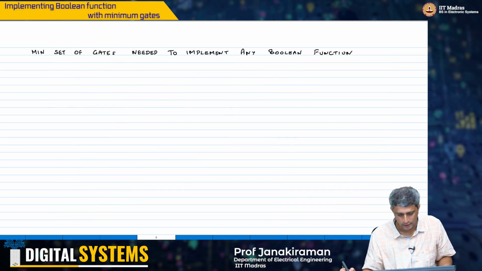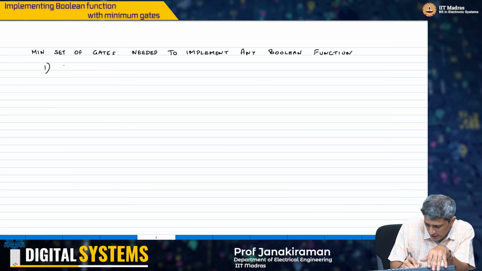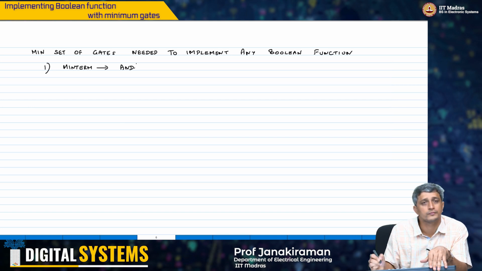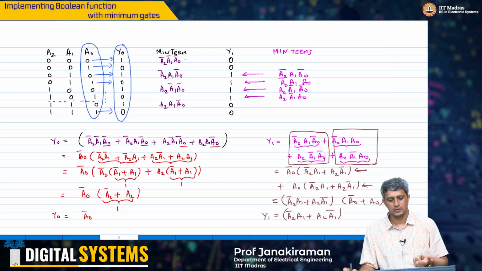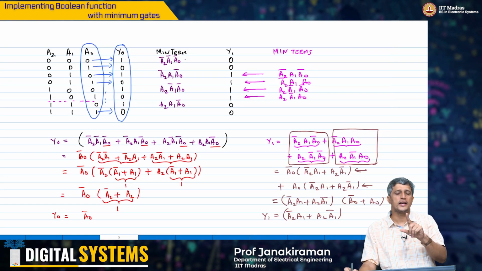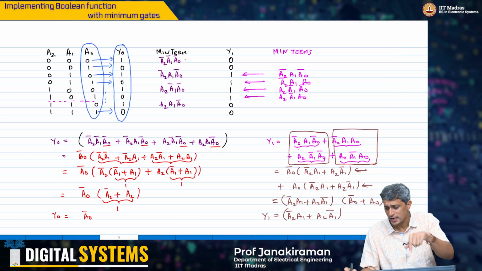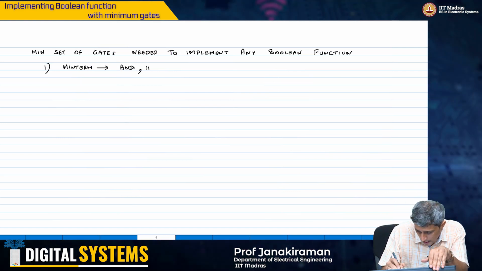Therefore it is very evident that the first gate I need for each minterm is of course the AND gate, but before that, for each input I might need its true or complement form, either the true version or the inverted version, and therefore I need an inverter.